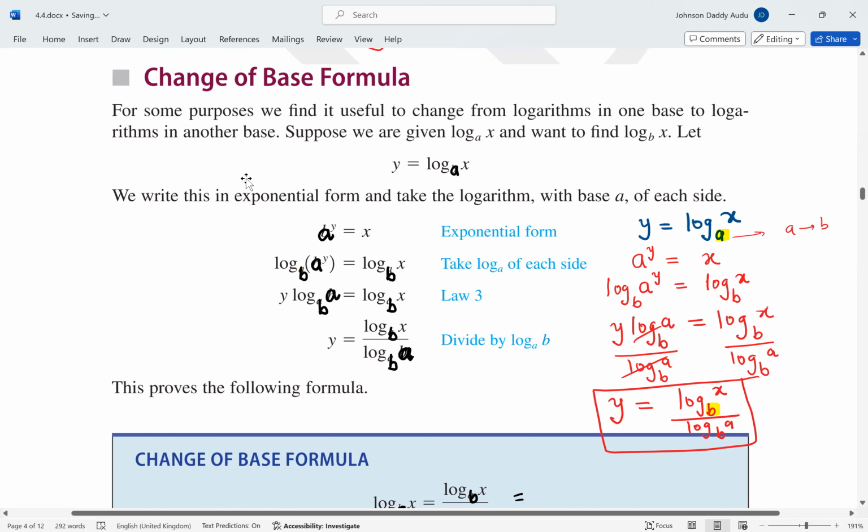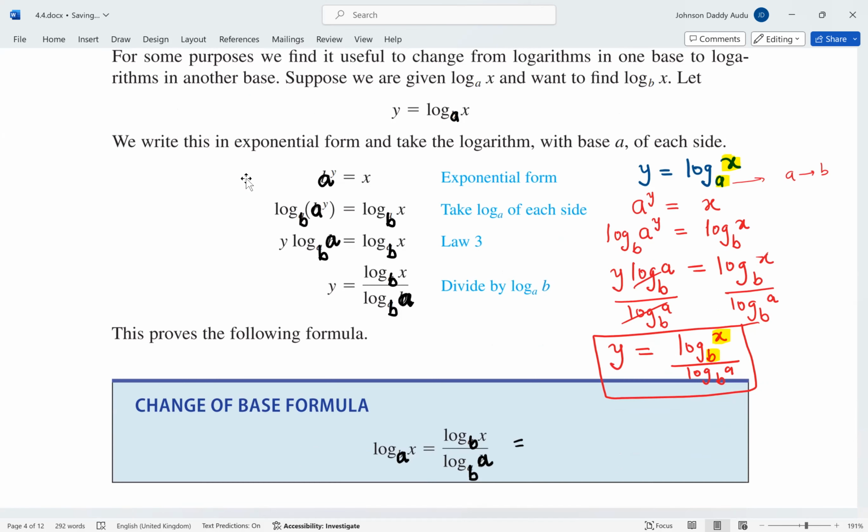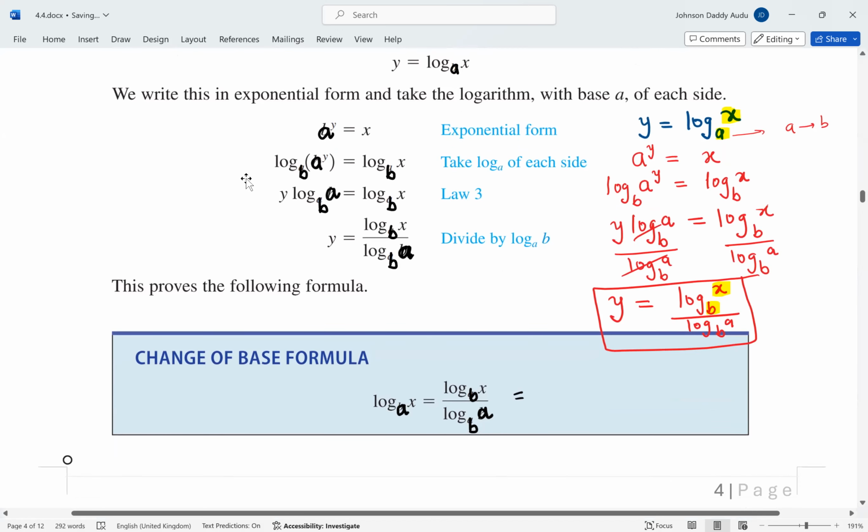Before, it used to be log to base a of x, but now it has become log to base b of x. So the base has changed. And the denominator is also log to base b of our old base, which used to be a. So this is how we do change of base.